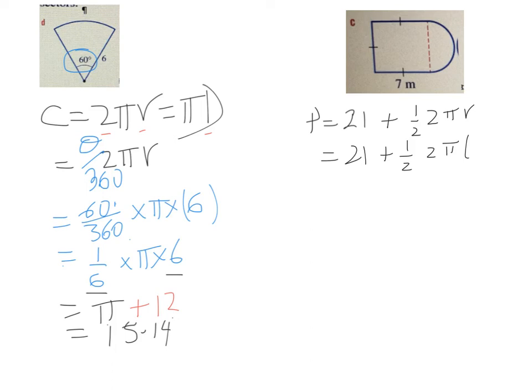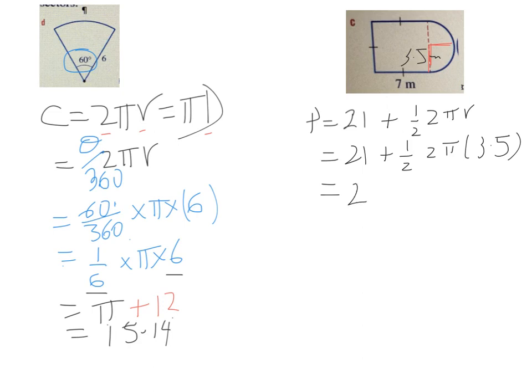The radius goes from here to here, or here to here if you will, and that is 3.5. And we're dealing in meters, so we'll say 3.5, or 7 over 2.